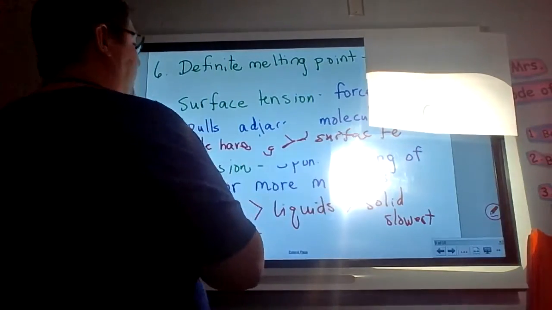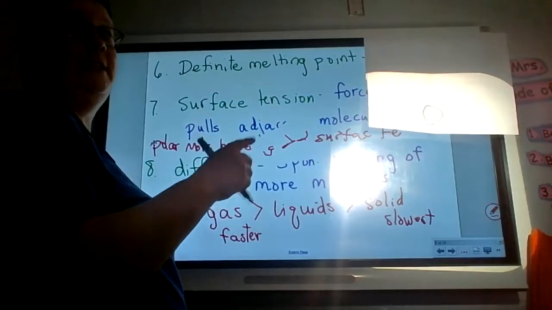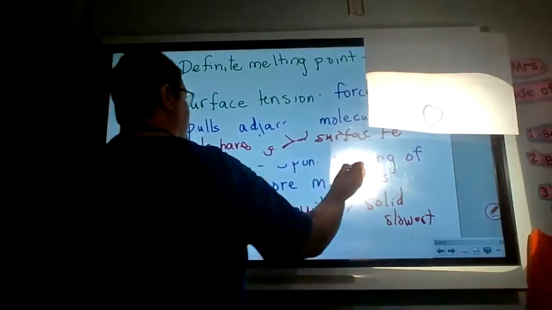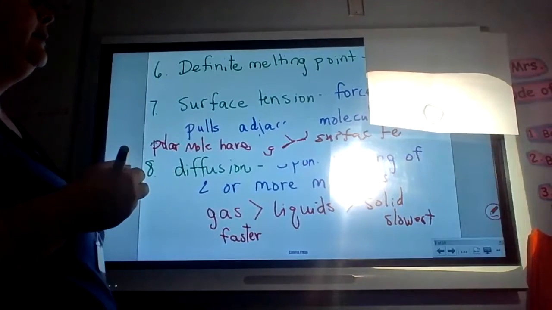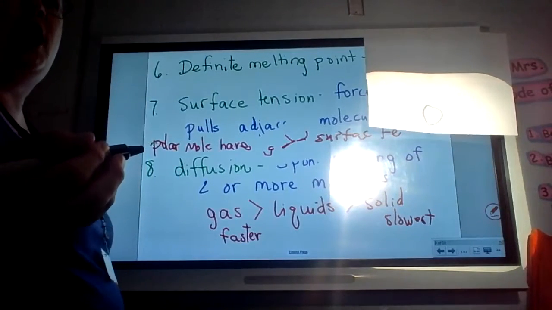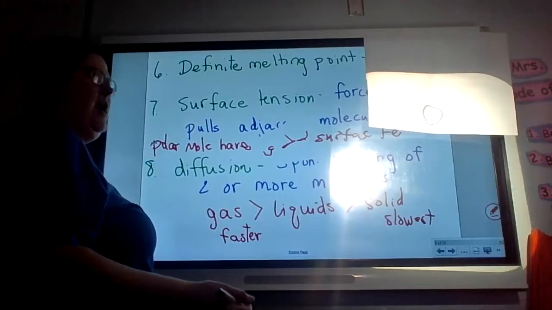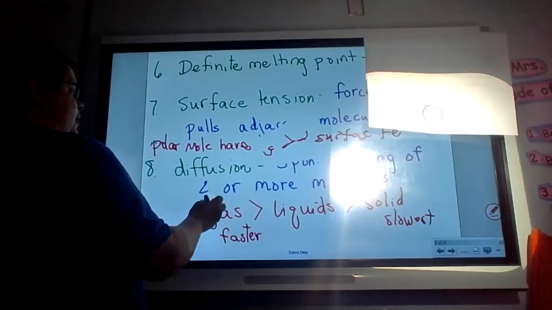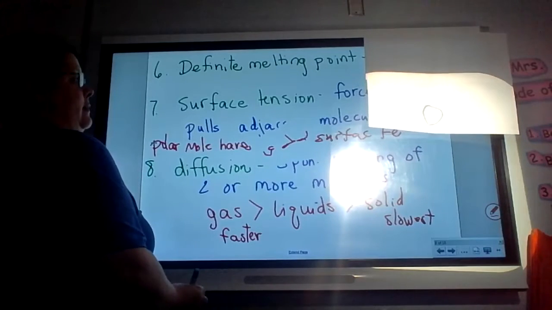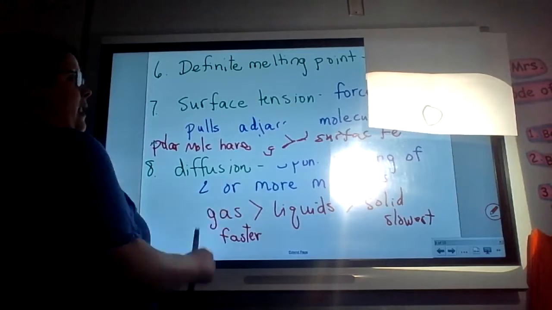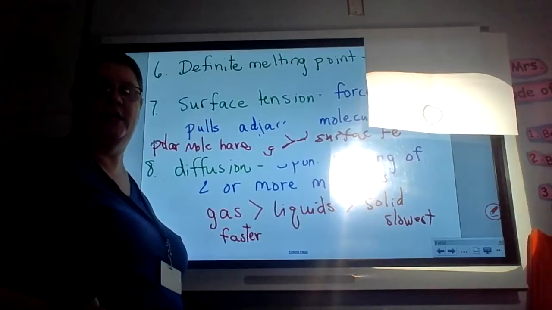All right, polar molecules have good surface tension. So write that because I'm going to have to shut this and restart it. Polar molecules have good surface tension. Non-polar molecules have what? Poor surface tension.